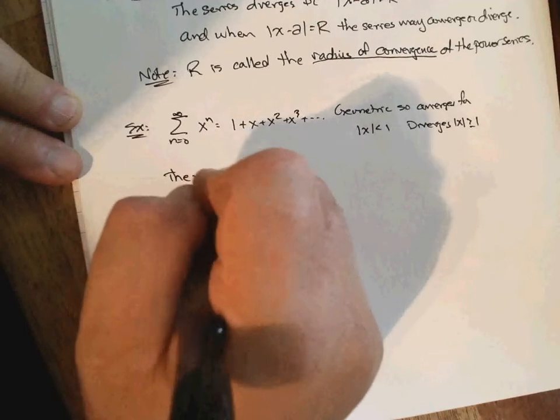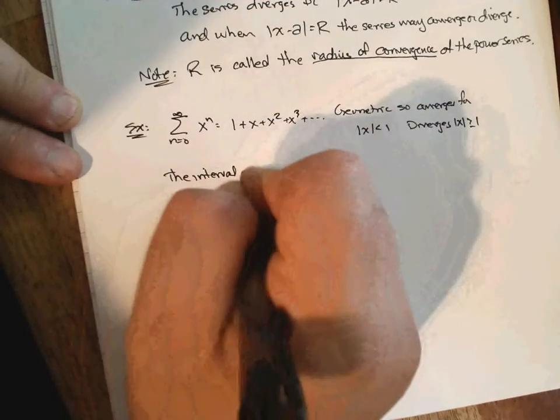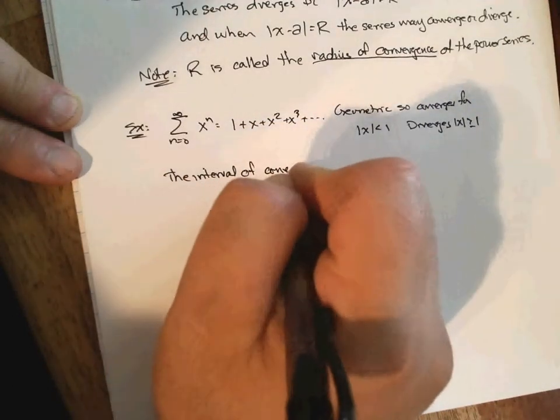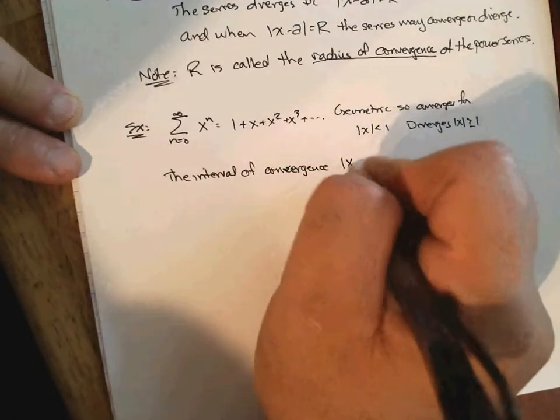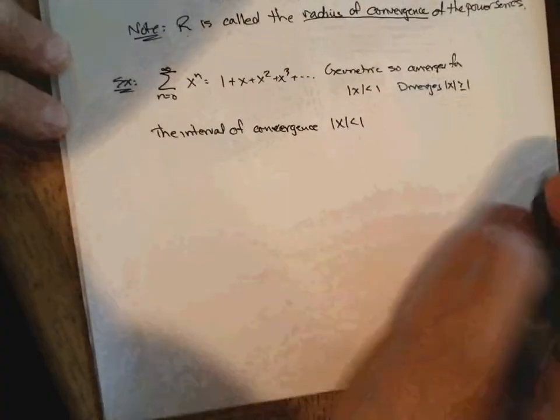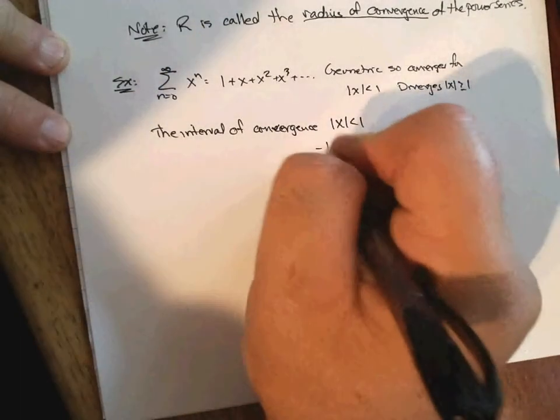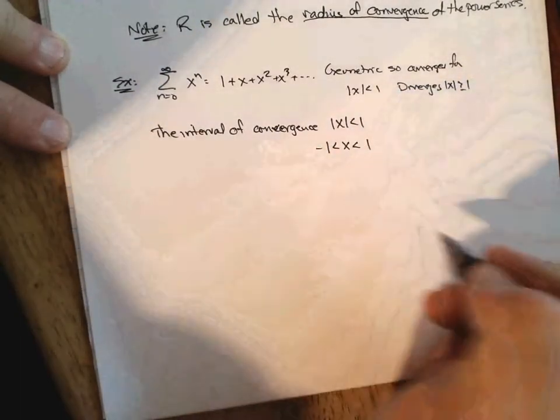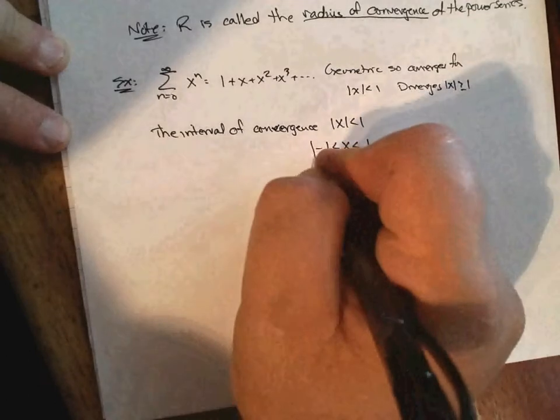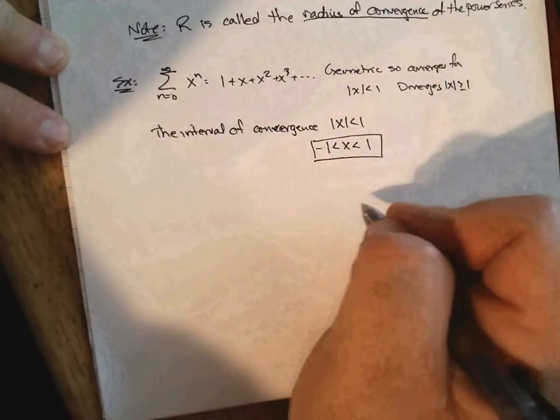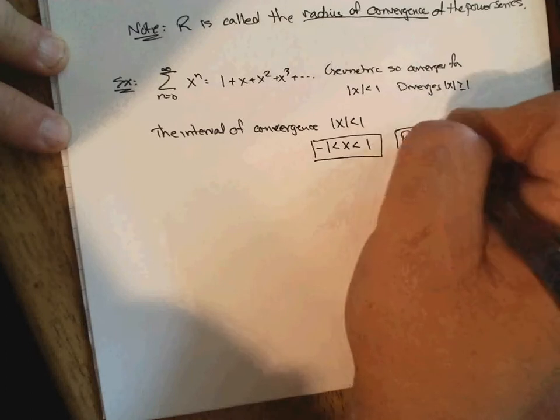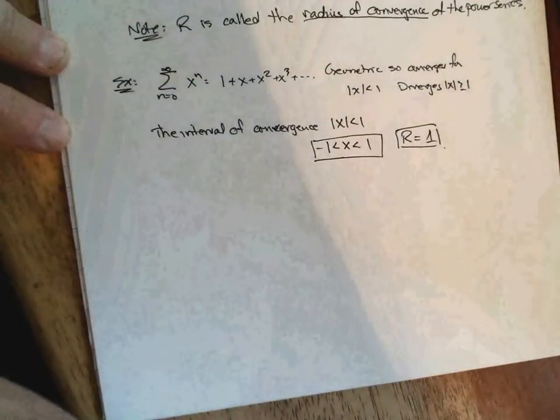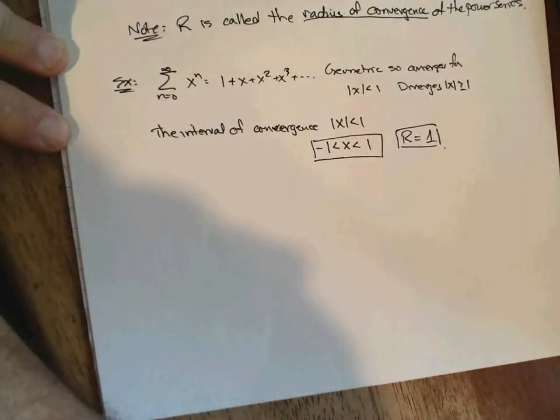So the interval of convergence comes again from the absolute value of x is less than 1, which means that x is between -1 and 1. And that's your interval of convergence. Okay? The r value here, the radius of convergence, is 1 in this case.